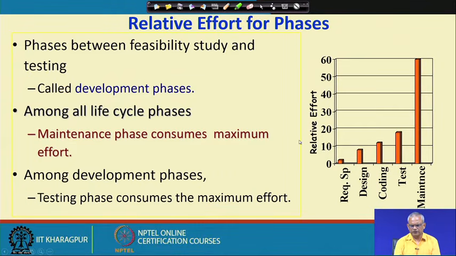If you plot the effort for a typical project, you see that maintenance requires much more effort than any other phase, because it is undertaken for a long time. If we look at the lifetime of the software, a very small part of it is actually the development time, and it is used for a much longer time, and therefore maintenance requires much higher effort.